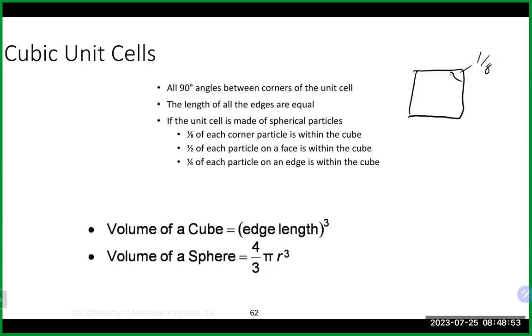You could also have a cube that dissects an atom in half, split right down the middle, so that's a half of an atom sitting on the face of a cube. And at the edge, we could have a fourth of an atom hanging out there as well. So when we add up all the little parts from these unit cells, that's how we get the total number of atoms in these unit cells.